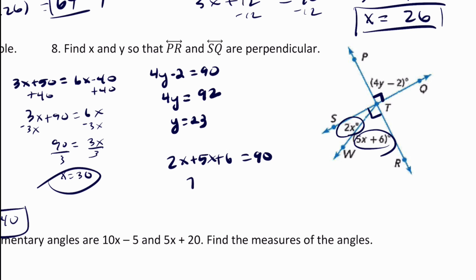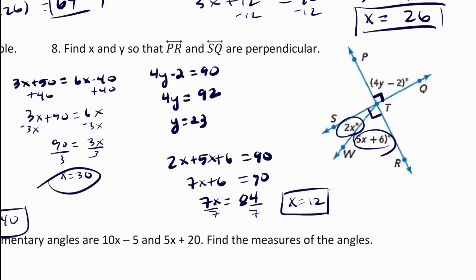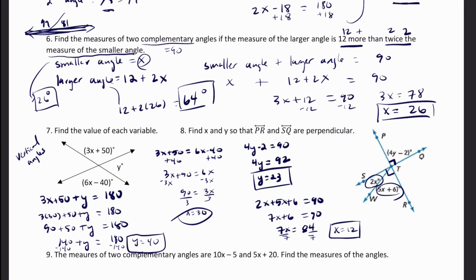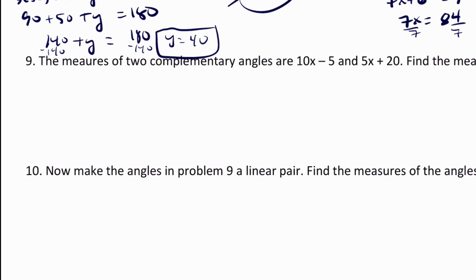Combine the like terms, and I get 7x is equal to 84. If I divide both sides by 7, I get x is equal to 12. And that's my answer. We already figured out what y is, and what x is. So there you go.